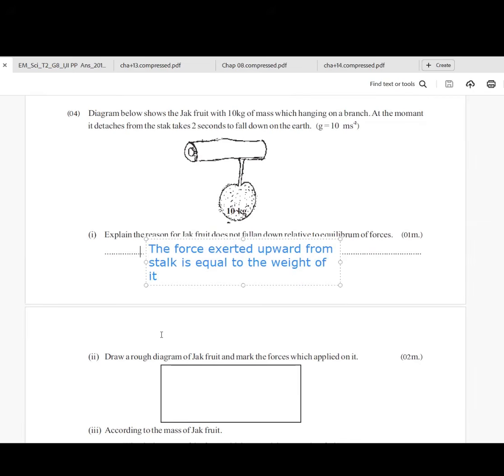Draw a rough diagram of the jackfruit and mark the forces which are applied on it.